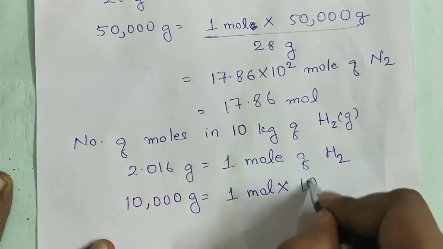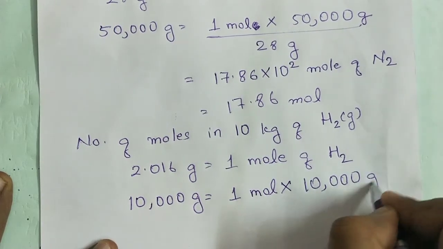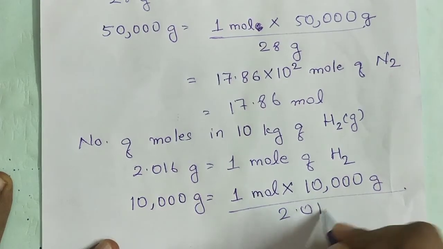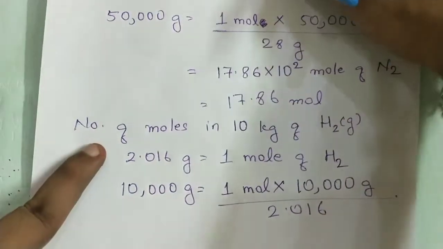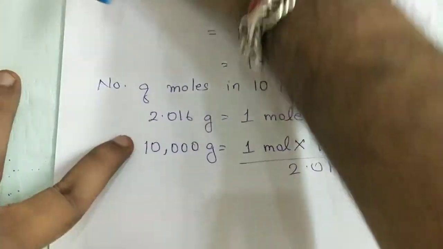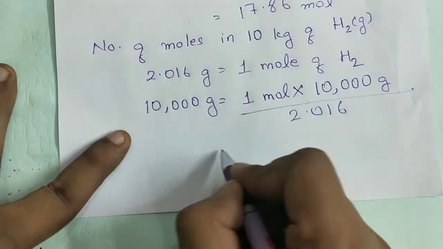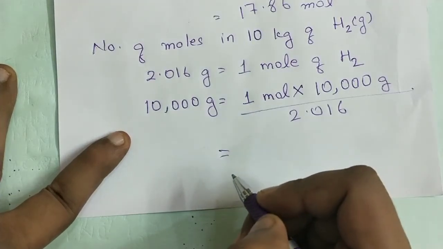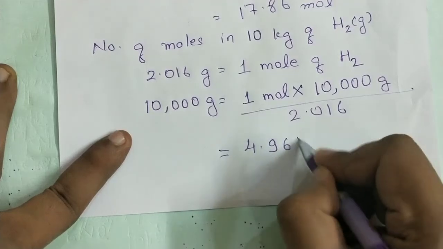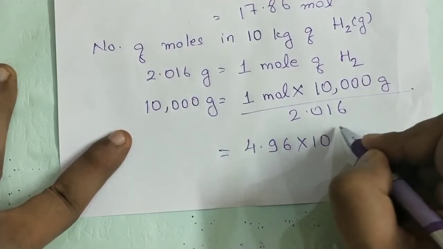10,000 gram divided by 2.016, which equals 4.96 into 10 raised to the power 3 mole.